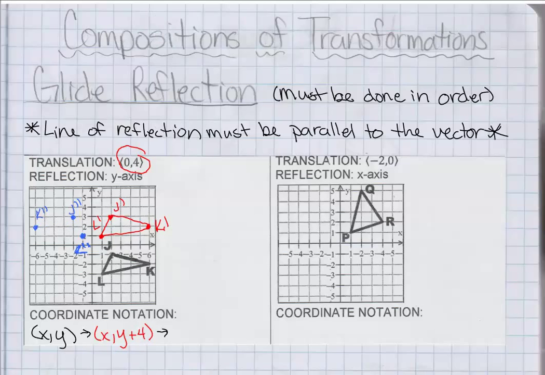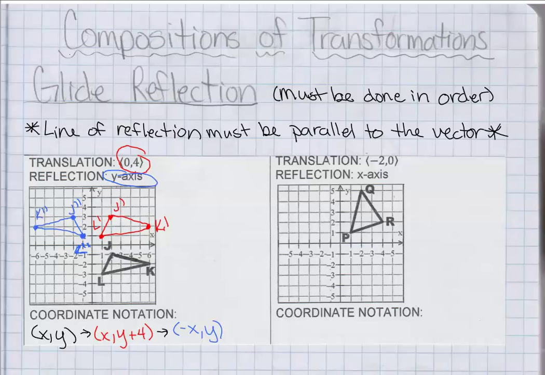Straight lines are hard to draw. And that's finally what it looks like. And on a y-axis reflection, don't forget that the x is what changes signs, and then the y stays the same.